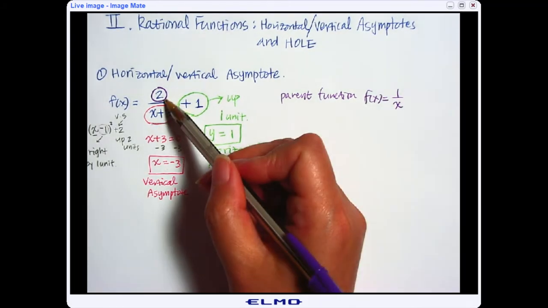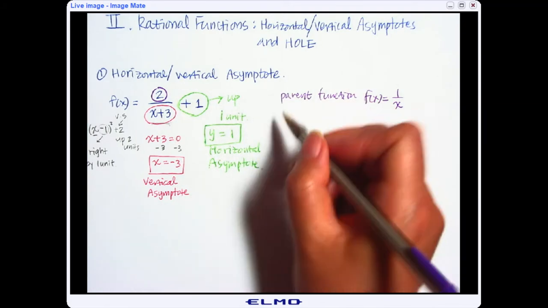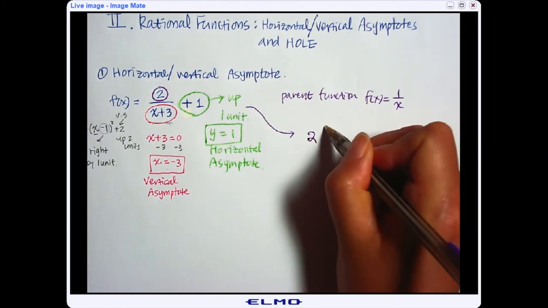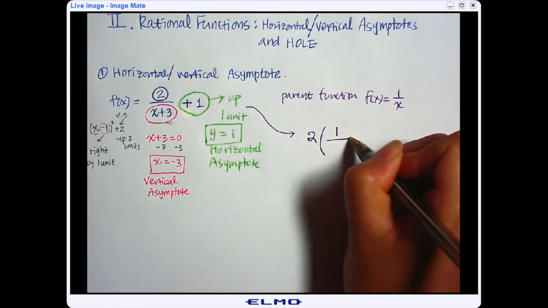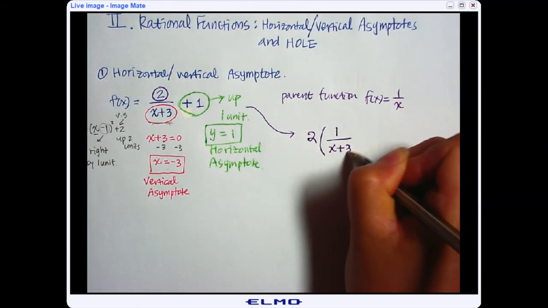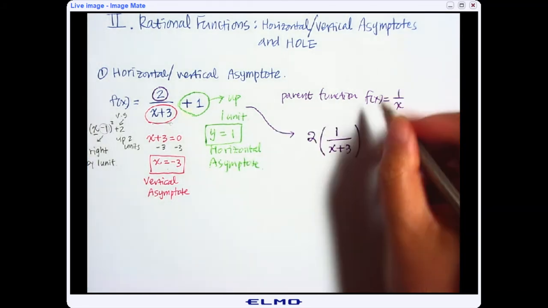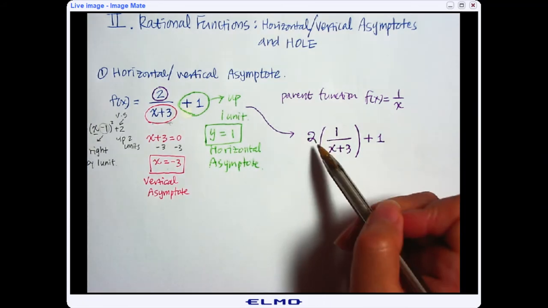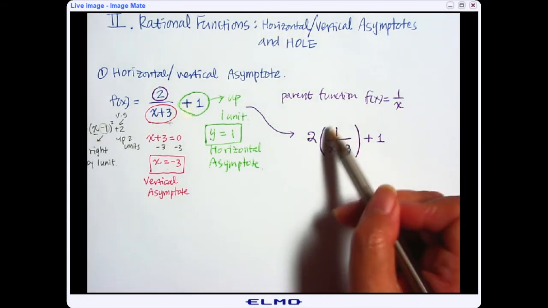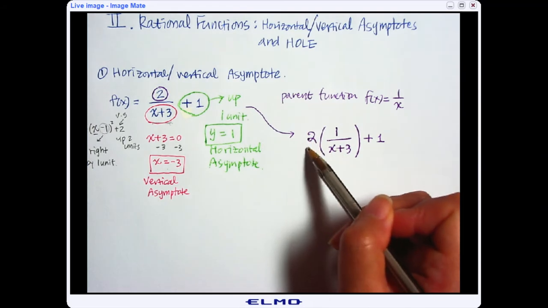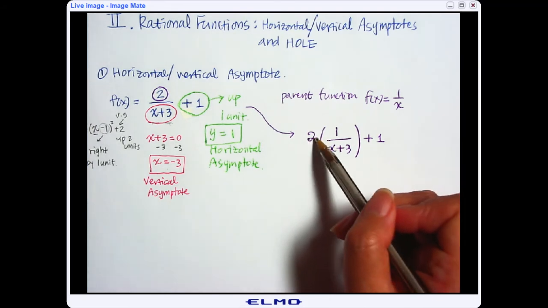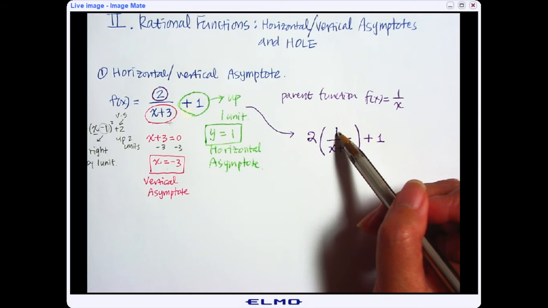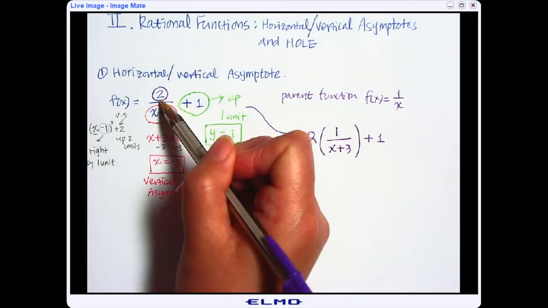Then this 2 can be rewritten as 2 times 1 over x plus 3, and there's 1 added separately. Then once you multiply any fraction by an integer, this integer multiplier will only multiply the numerator. And this one was the same here.